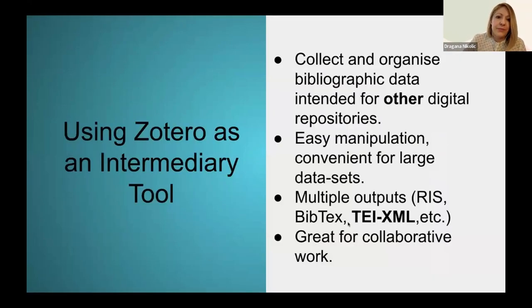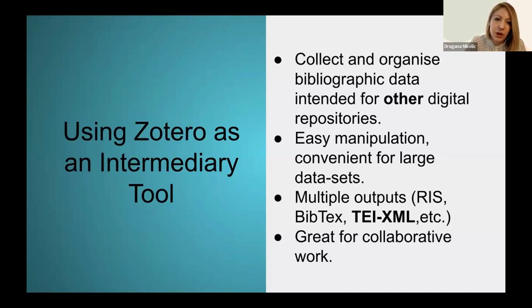So this is something that I've mentioned, and I thought maybe this would be an interesting task for a hands-on session: how to use Zotero as an intermediary tool. You don't have to use this as a documentation tool if you don't want to.